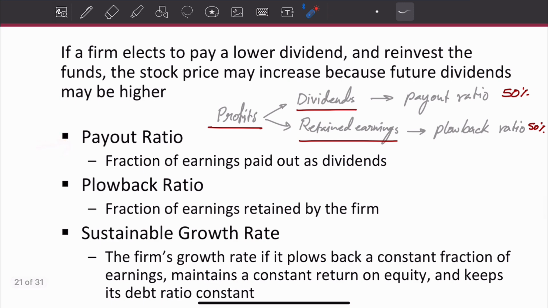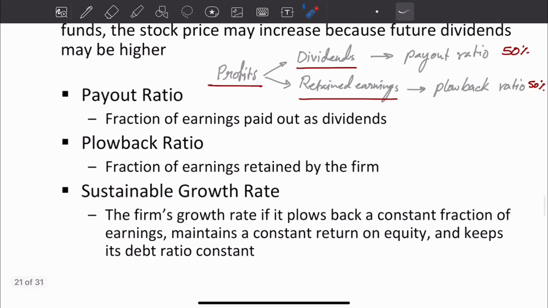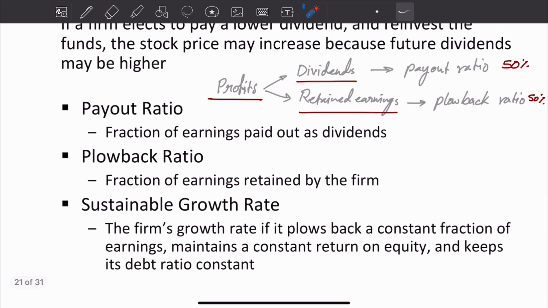The payout ratio is the fraction of earnings paid out to the investors in the form of dividends, and the plowback ratio is the fraction of earnings retained by the firm. Okay? Which takes us to the sustainable growth rate. The more the company retains, or the bigger the portion of their profits they reinvest in the business, typically the higher the growth rate of the company's future dividends.